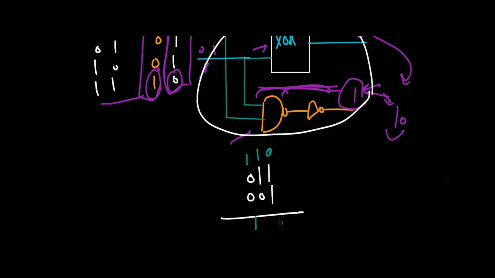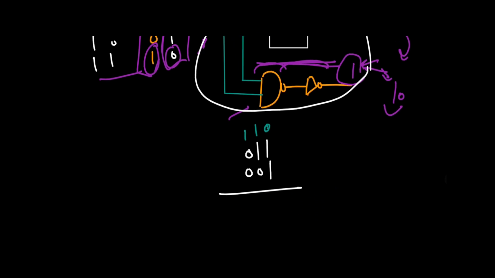If we say that at each stage we are actually adding 3 bits with each other, we would have 0, 1, 1. At the first stage, we always say this is 0 because it hasn't been carried out of any stage. The first stage is just the beginning. We have just started the first stage.